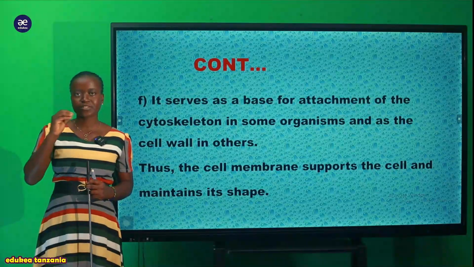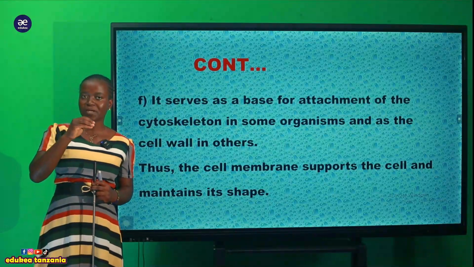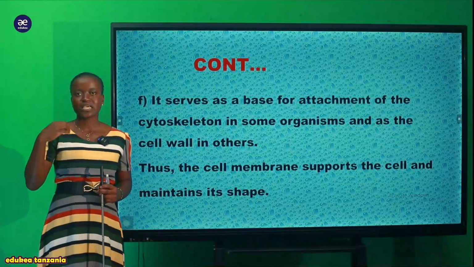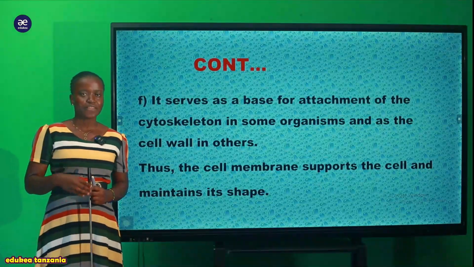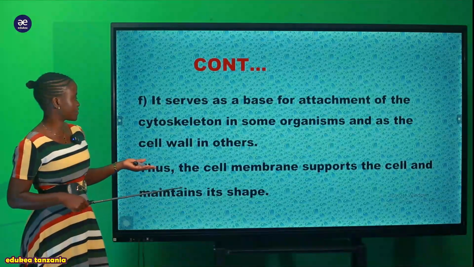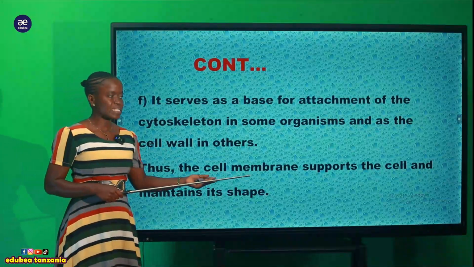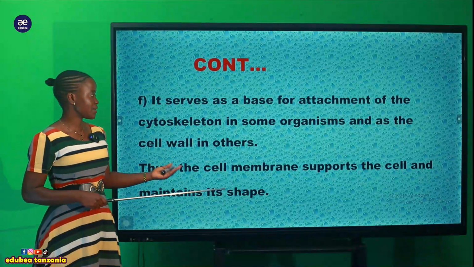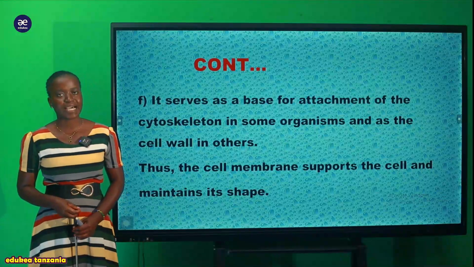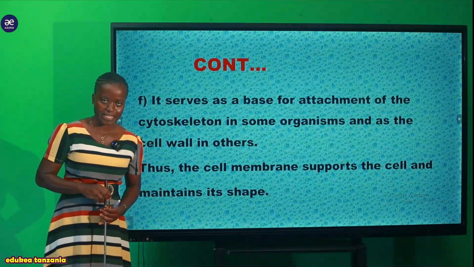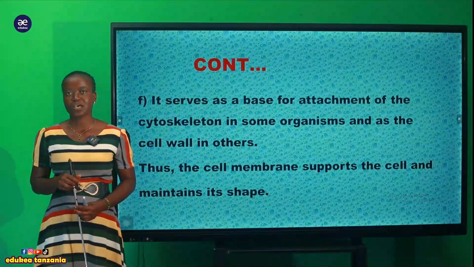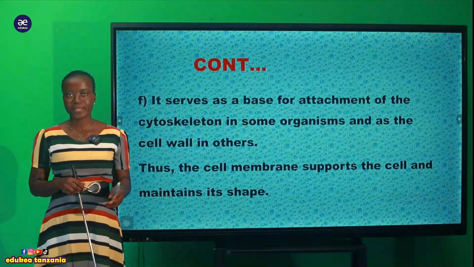So hile cytoskeleton au tunaweza tukasema kwamba hile cytoplasm au hile cell membrane yao inayopatikana nje, they act as a cytoskeleton. And the role of cytoskeleton here, my student, simply we can say is to provide support, not only support but to maintain the shape of different kinds of organisms. So those are the functions of the plasma membrane.